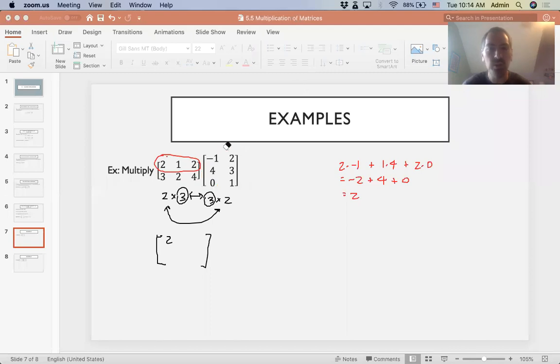Once we multiply the first row by the first column, then we will multiply the first row by the second column. So 2 times 2 plus 1 times 3 plus 2 times 1. That's 4 plus 3 plus 2, which is 9.